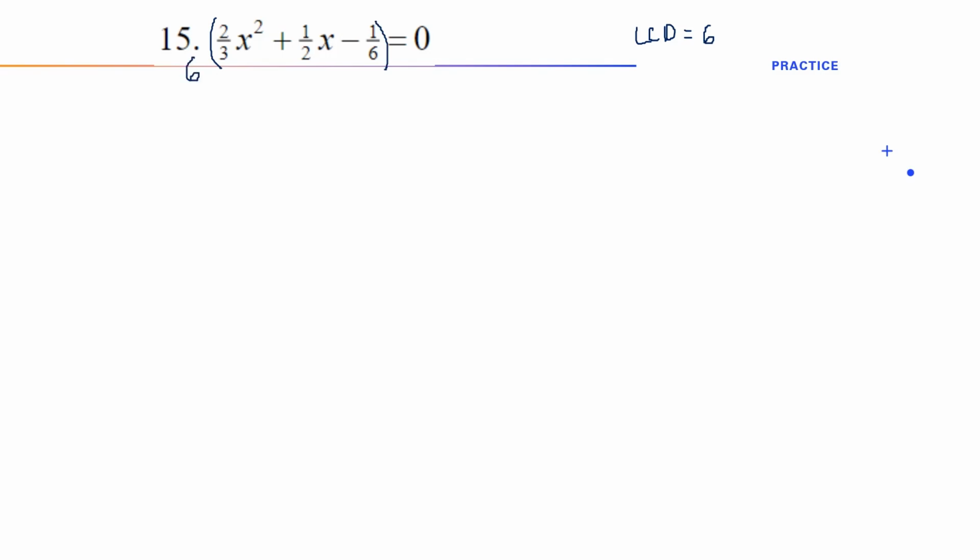So I multiply by 6 both sides. So we distribute. The first one we have 6 divided by 3 is 2 times 2 is 4x squared, plus 6 times 1/2 is 3x. 6 times -1/6 is -1, equals 0.